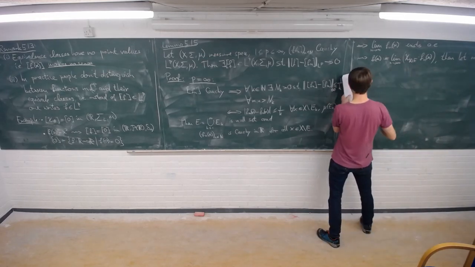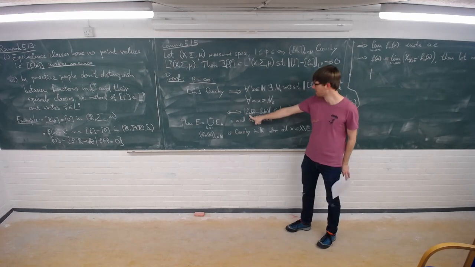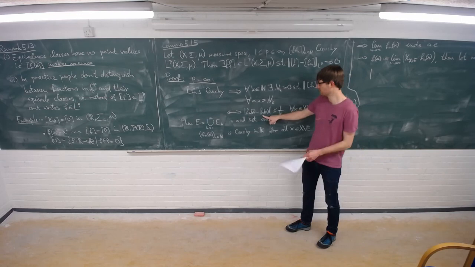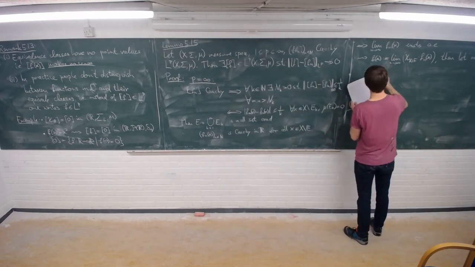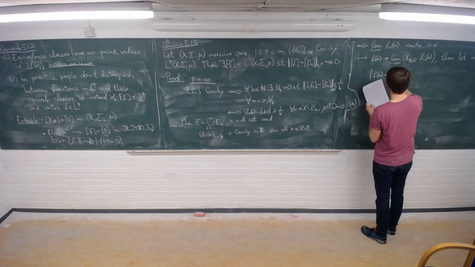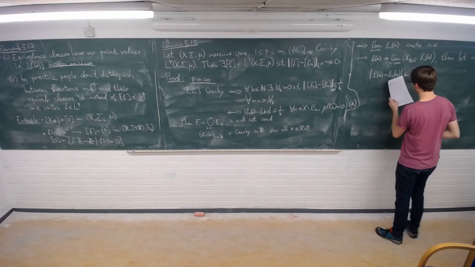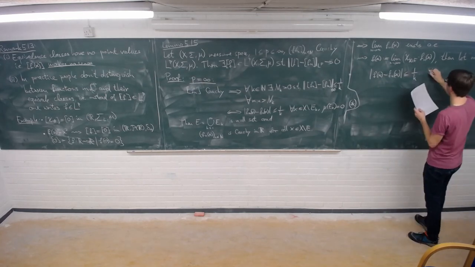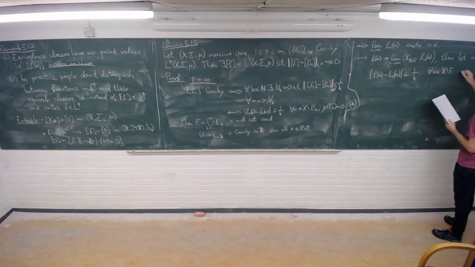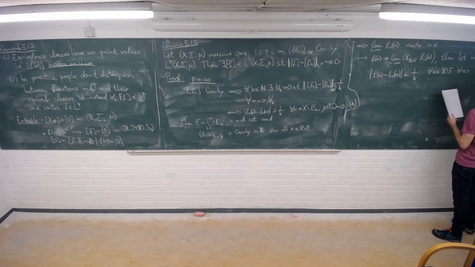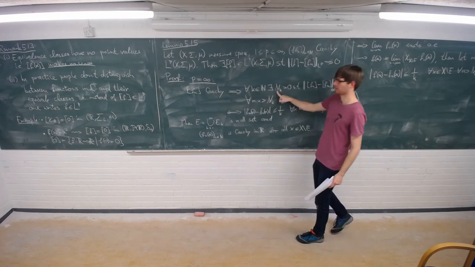So if we send m to infinity here, then Fm becomes f, while Fn just stays there. So this becomes the absolute value of f of x minus Fn of x is less than 1 over k for every x in X minus E and for every n larger than this capital Nk from the beginning.